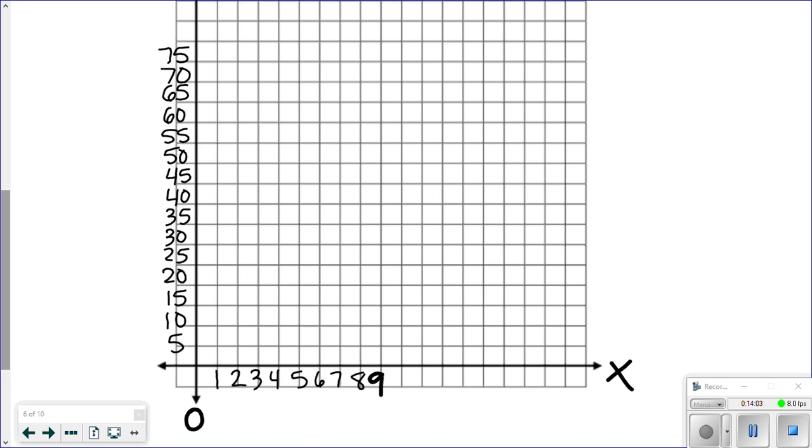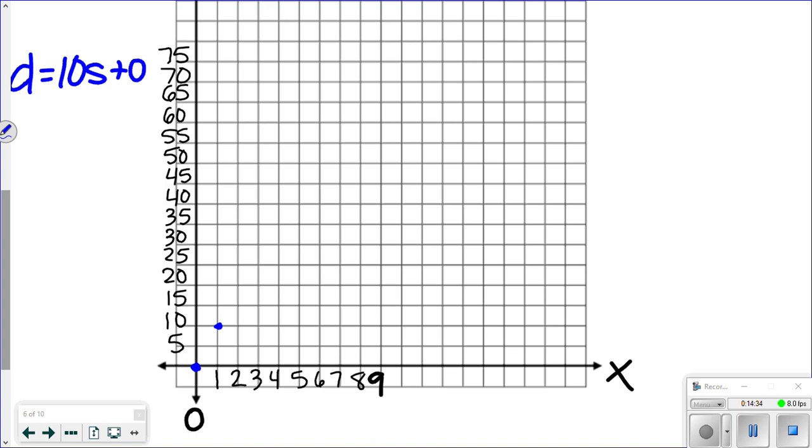So I'm going to start by graphing Sumi's first, which was a slope of 10 and a y-intercept of 0. So if I write a plus 0, that kind of shows me that my starting point is 0. So my origin here is 0, 0. And if I go up one box, that's only 5 numbers, but I have a slope of 10, so I need to go up 2 over 1.